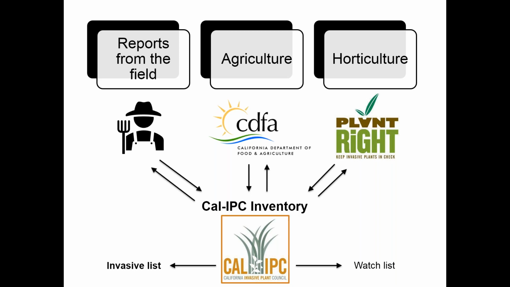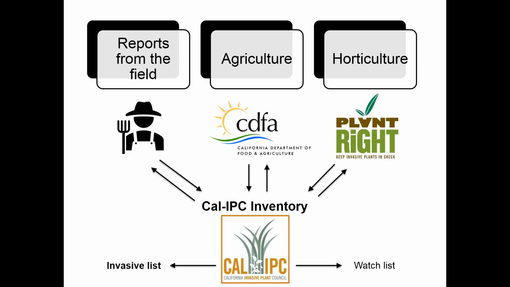Their mission is to ensure that plants in the horticultural industry are not escaping out into the wild, so that we have some oversight into what is brought in and what is sold regionally. So they work to evaluate specifically horticultural plants and provide guidance to nurseries and to consumers as well. So from all of that, we're feeding one another back and forth.